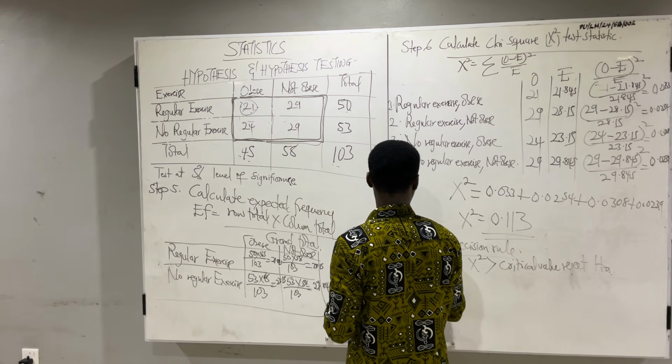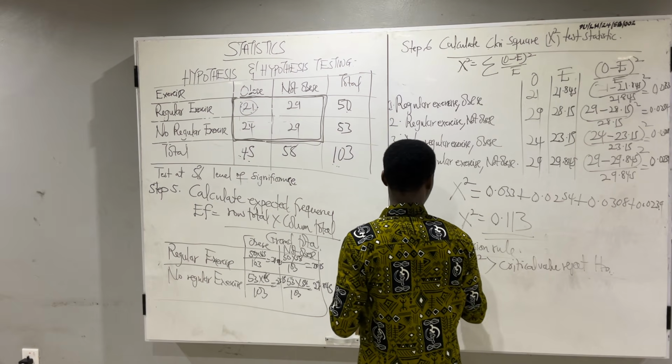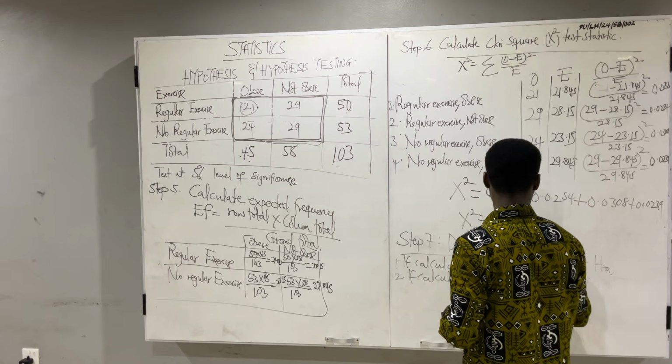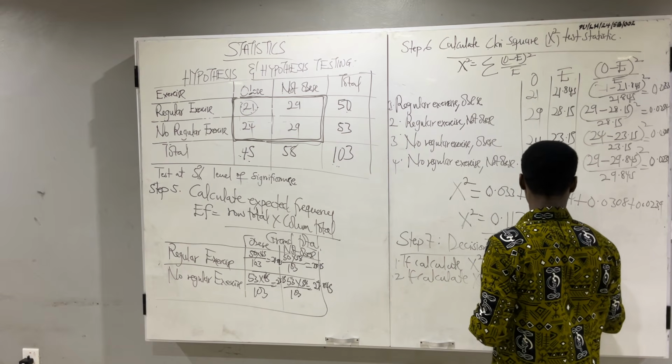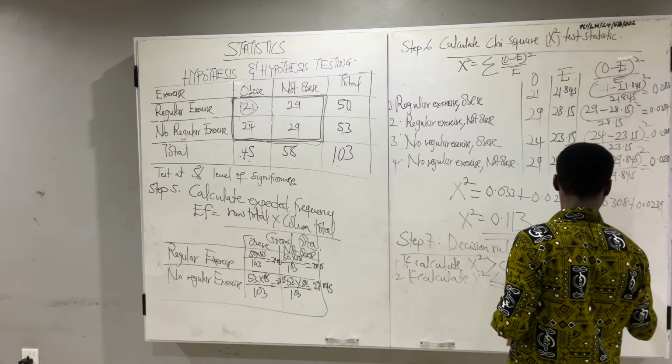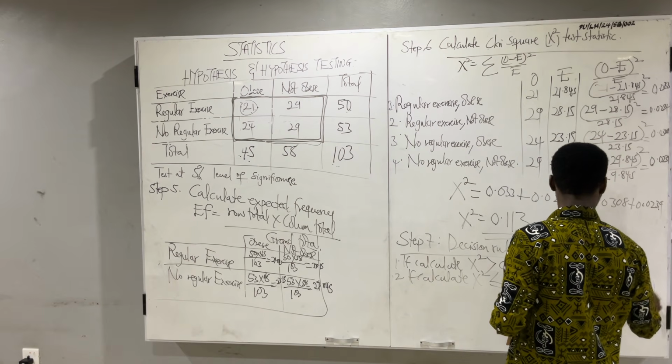Decision rule 2: if calculated chi-square is less than or equal to critical value, fail to reject H0.